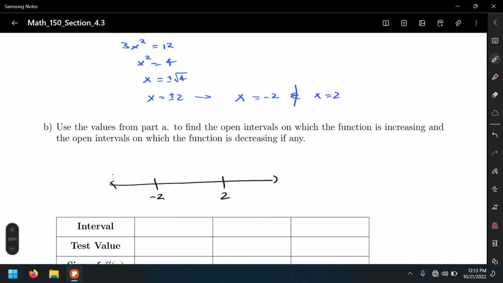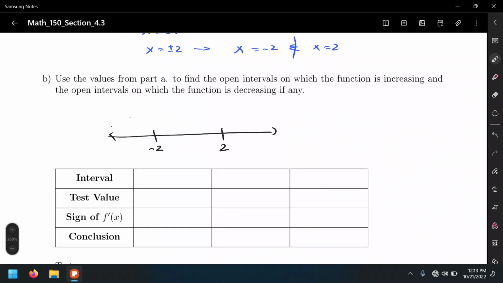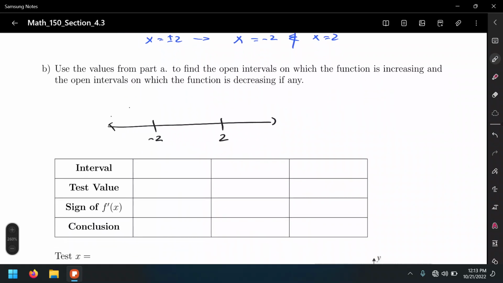So we need to check the sign of the derivative here, here, and here. And I highly suggest creating a table like this, so you can have all the analysis in every single detail. I'm going to show you how to fill in this table step by step.